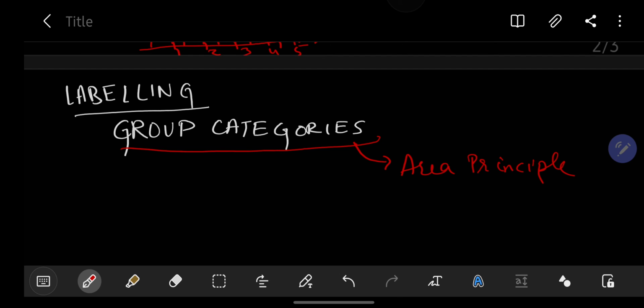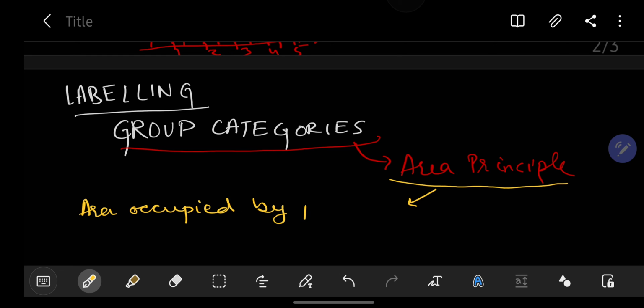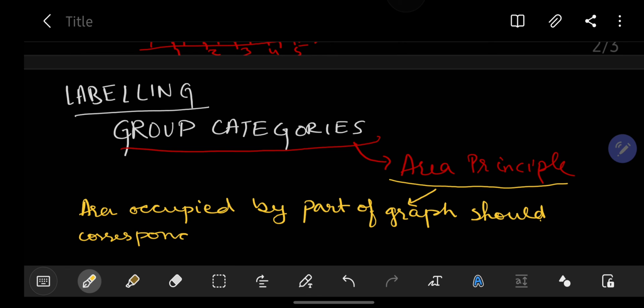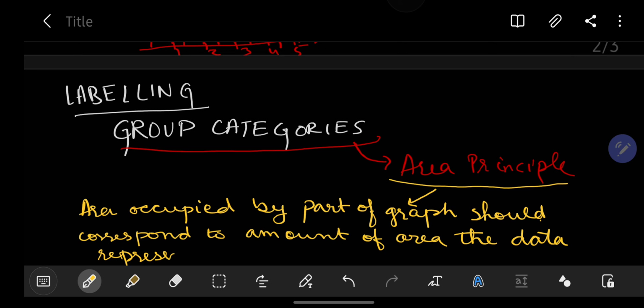Now the area principle says that the area occupied by a part of the graph should correspond to the amount the data represents.